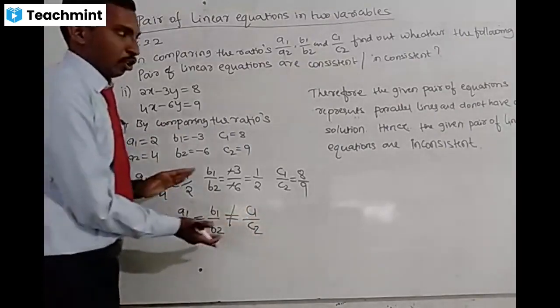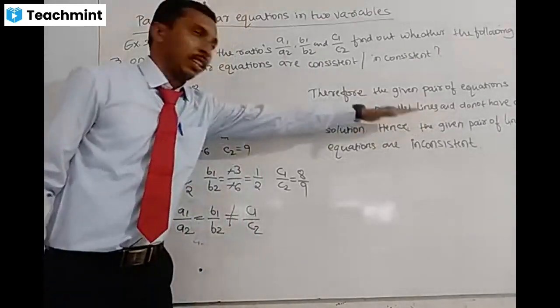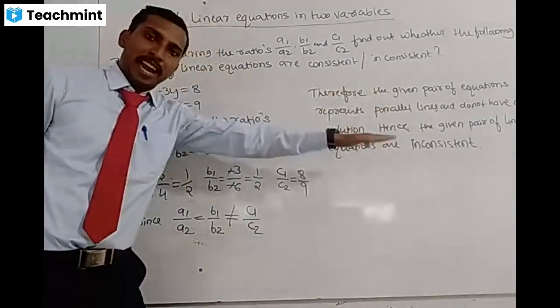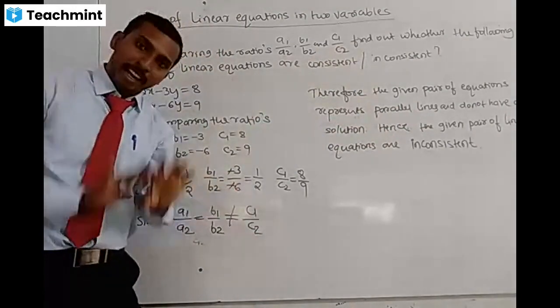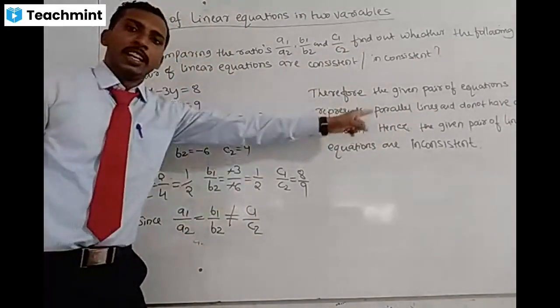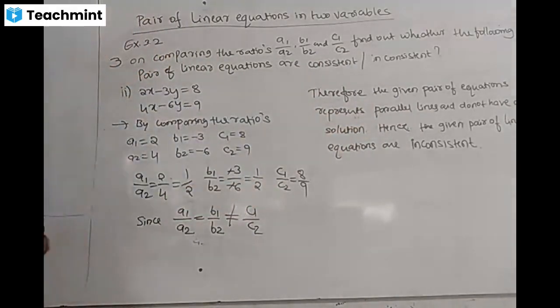By looking at the ratios, the given equations represent parallel lines, and parallel lines do not meet at one point. That is why they don't have any solution. If they don't have any solution, they are inconsistent. Understood? Okay, note it down. We'll go to the next problem. Just note it down first.